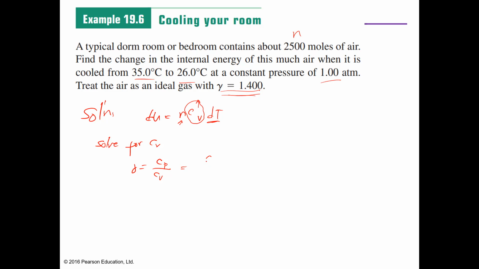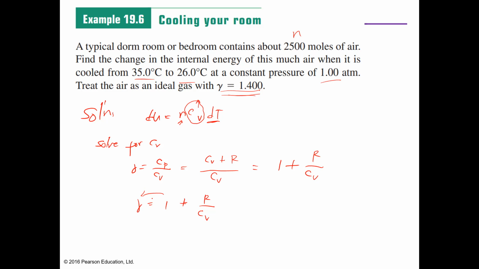And Cp can be written as Cv plus R, so Cv plus R over Cv. So you can write this as 1 plus R over Cv, right? Okay, so gamma is equal to 1 plus R over Cv.